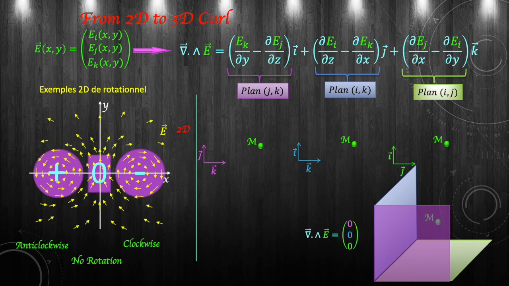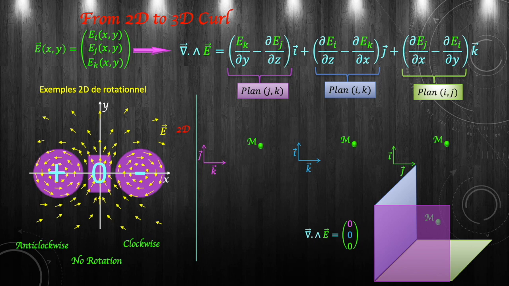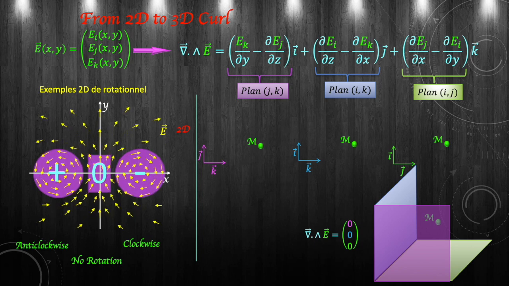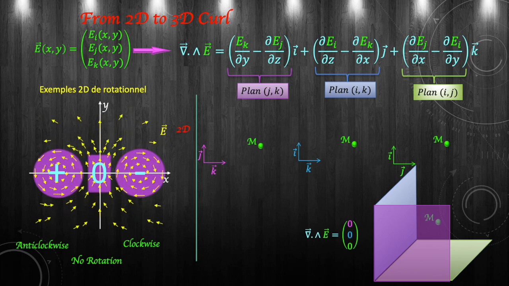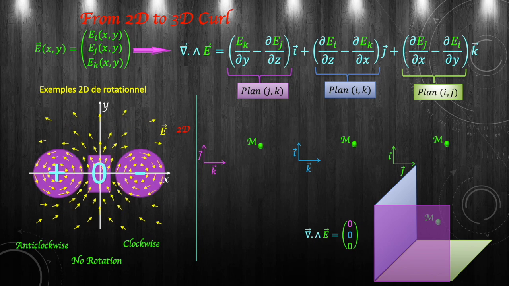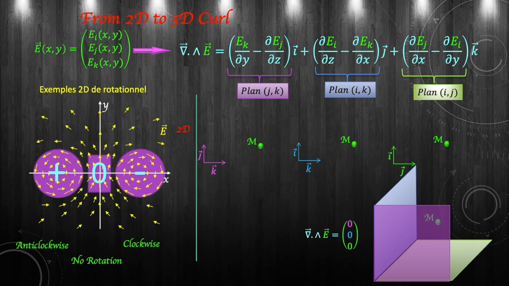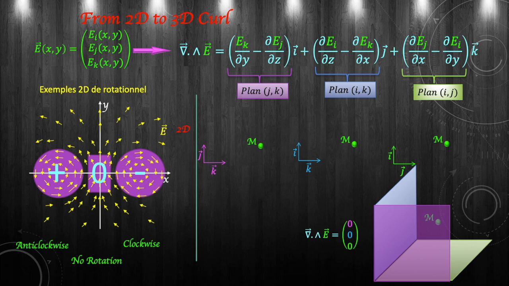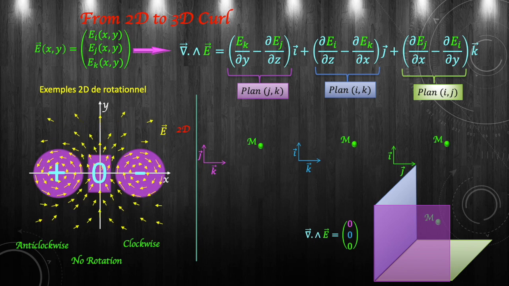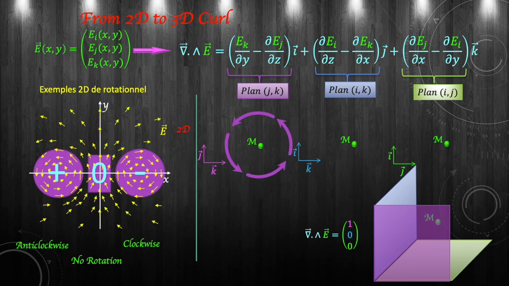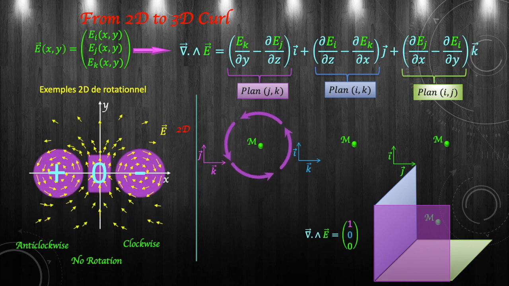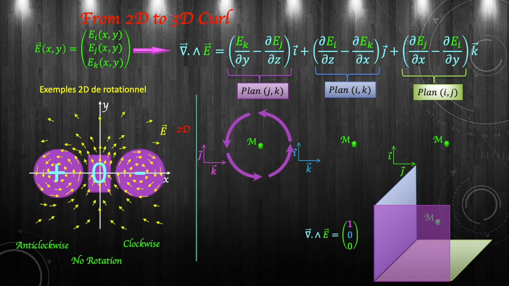We can evaluate the curl of a vector proportionally to its intensity. This example of proportional scaling helps us intuitively understand the concept, even though it doesn't correspond to actual physical values. The intensity of rotation can be represented as follows. A weak counterclockwise rotation in the jk plane might be assigned a value of +1 in the vector.